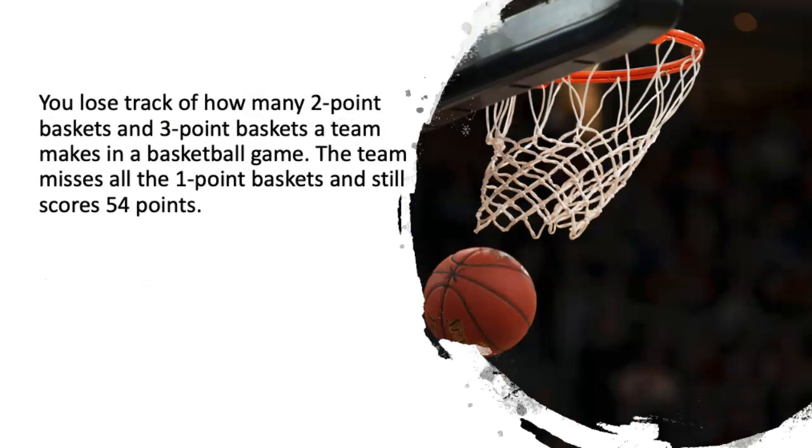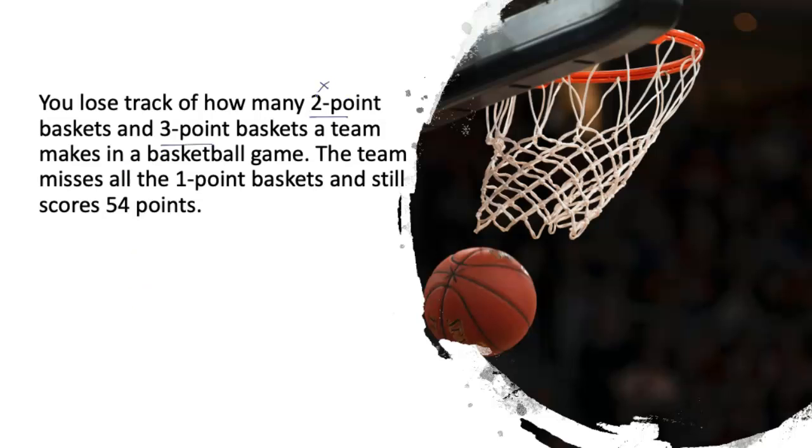One more, just to help you think. You lose track of how many 2-point baskets and 3-point baskets a team makes in a basketball game. The team misses all the 1-point baskets. Well, that's important information. There's no 1 point, so there's no free throws, right? And still scores 54 points. Well, a 2-point basket is not the same as a 3-point basket.